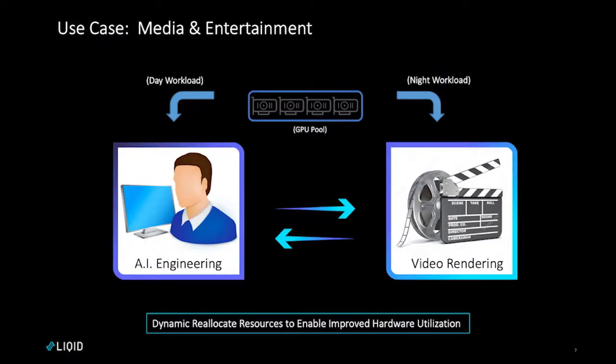And when they go home at night, they reprogram the fabric and they give those GPUs to their video rendering machines. They've taken $50,000, $60,000 worth of hardware, doubled or potentially tripled the utilization of that same infrastructure just by dynamically moving it around depending on where the hardware is most needed. And this was not possible until we got to an intelligent fabric that allowed you to reorchestrate the hardware.